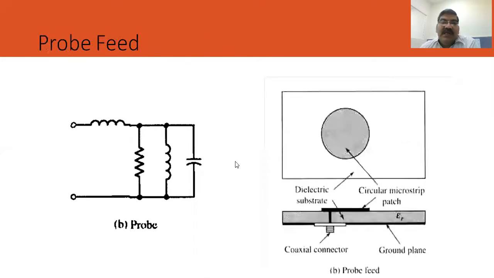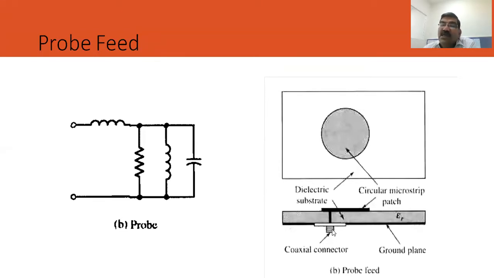Then the next feeding technique is the probe feed. You can see it here. This is the patch. Now on this line you can see very correctly, here is the coaxial connector. You can have a coaxial connector, N-pin connector, and other types of connectors.